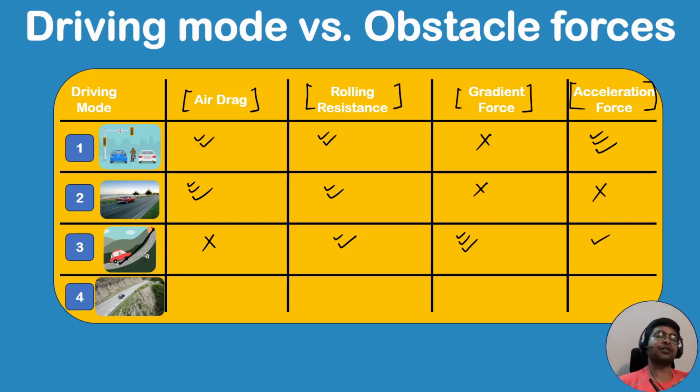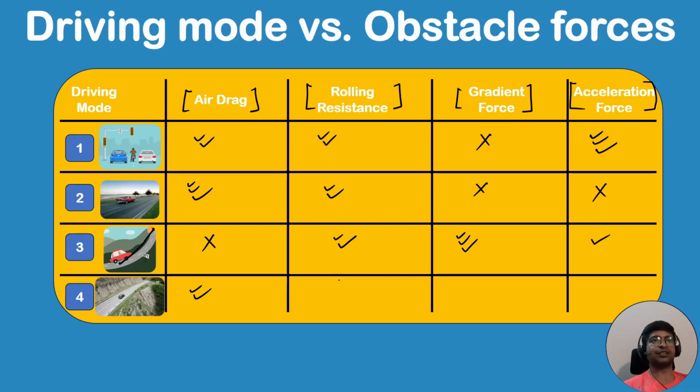Now the fourth driving mode, where a vehicle is going on an inclined or hilly road at a constant speed, for example 60 kmph or 70 kmph. There is going to be the air drag force in this condition.